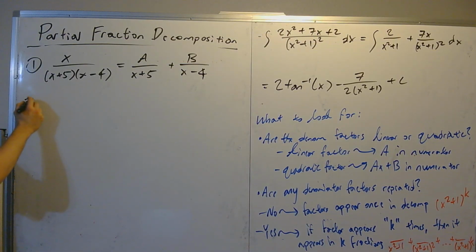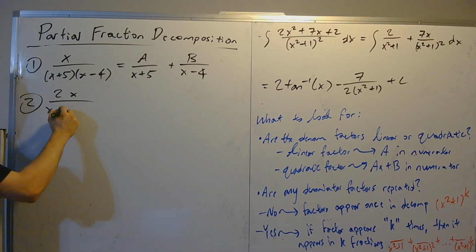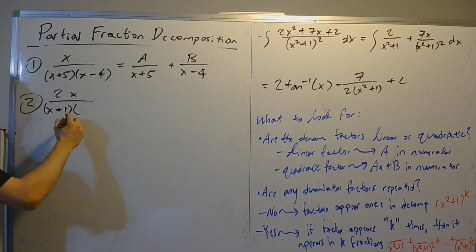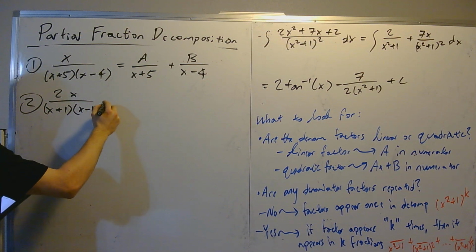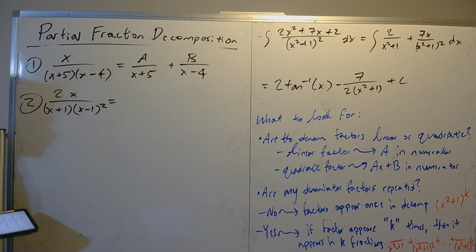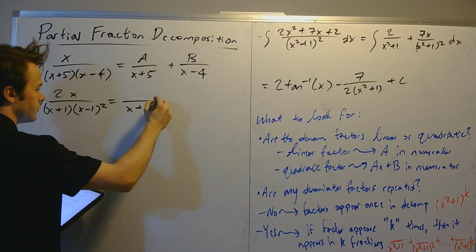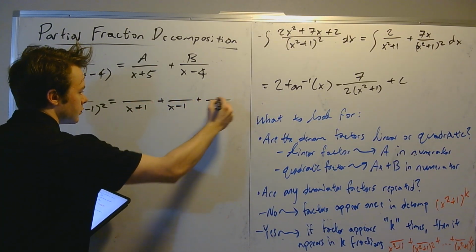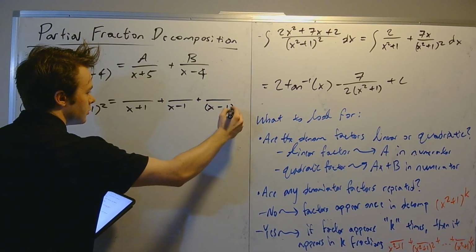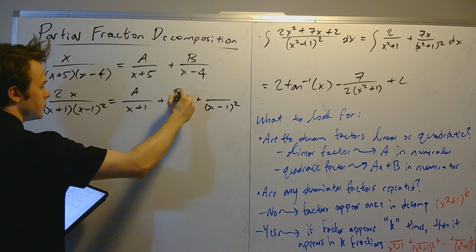I encourage you to stop the video and think about each of these. The second one, 2x over x plus 1 times x minus 1 squared. Think about what you should get on the right side. It's going to be x plus 1, x minus 1, and x minus 1 squared, and this was a, b, and c.